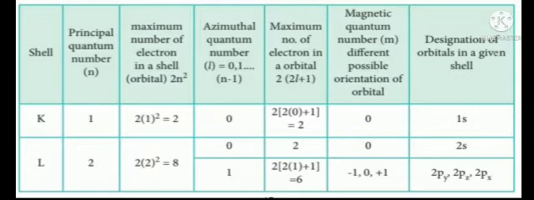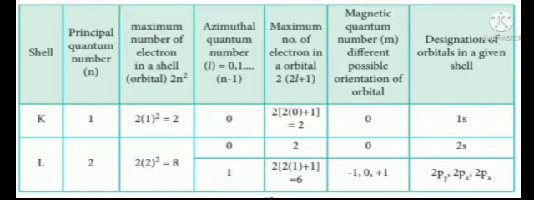The magnetic quantum number m equal to 0 is one value. Hence, it contains one orbital, named 1s orbital. In 1s orbital, the 1 represents principal quantum number, where s represents azimuthal quantum number. For L equal to 0, it is s orbital. Hence, K shell contains 1s orbital with 2 electrons.